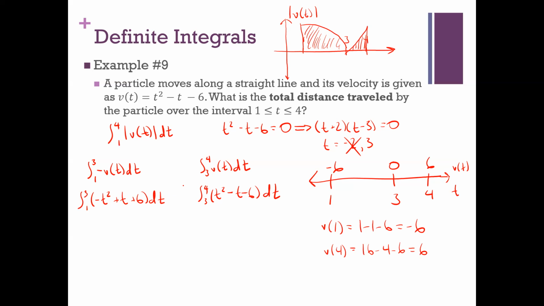All right, we ready to take an integral? All right, so let's do the one on the left first, from 1 to 3. How do we continue? Antiderivative, which is not 1/2. There you go. Plus 1/2.